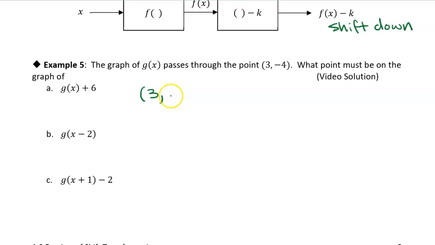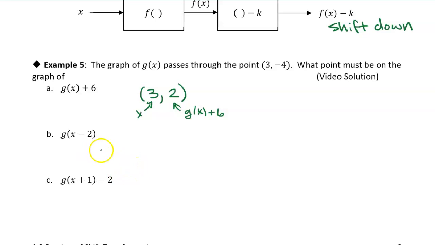Negative 4 plus 6 gives us 2. So if (3, -4) is on the graph of g of x, then (3, 2) has to be on the graph of g of x plus 6. We took the negative 4 and added 6 to it.